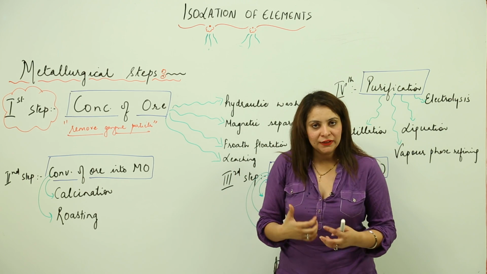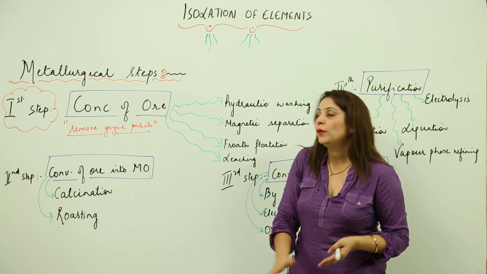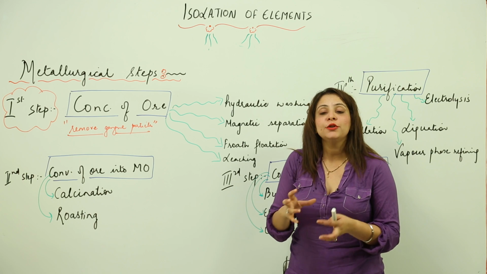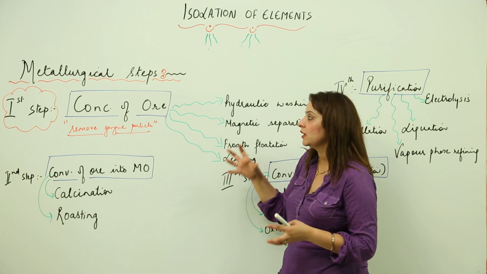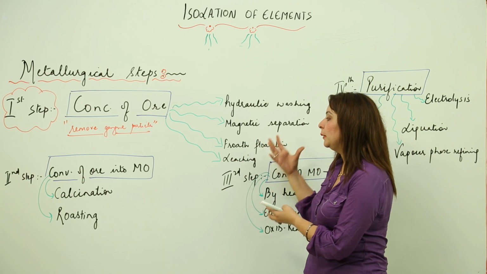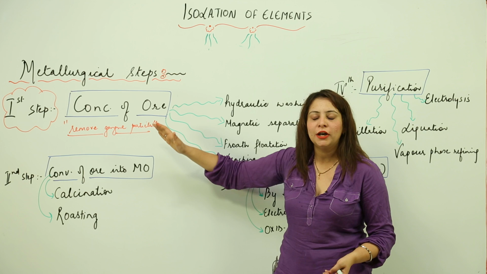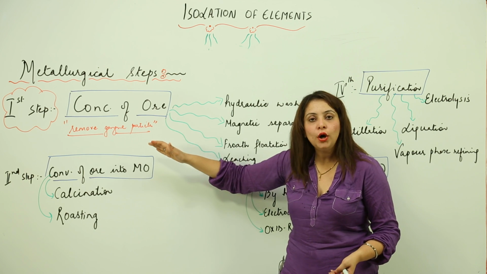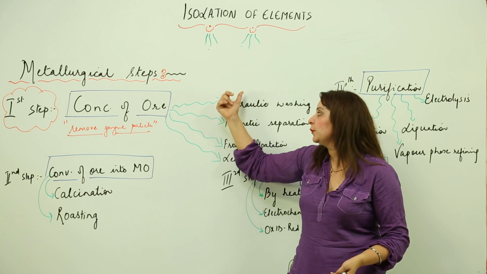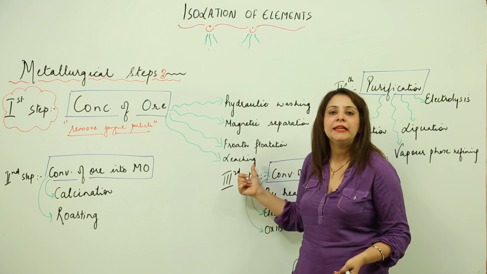I will make you familiar with that later, but at this moment I just want to make you familiar with the processes, so that you know that concentration can be done by not just 1 step, but 2 or even 4 steps. So the very first step is to remove the impurities, that means to concentrate the ore, and for that we can opt for hydraulic washing, magnetic separation, froth flotation and leaching.